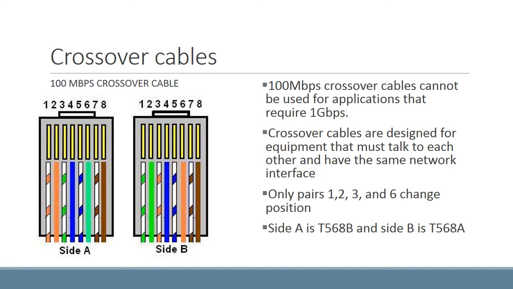Crossover terminations are used in special cases where networking equipment is not able to distinguish between incoming and outgoing traffic. For connections of 100 megabits per second, a crossover cable is simply a cable terminated T568A on one side and T568B on the other side.